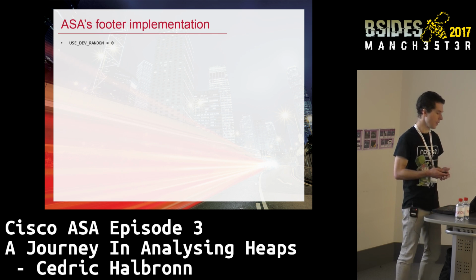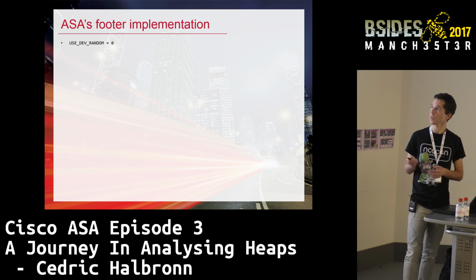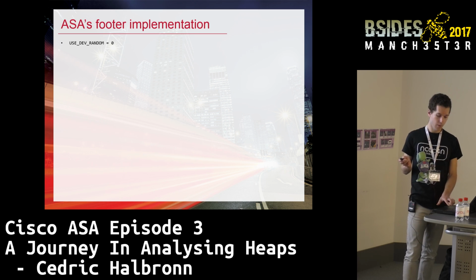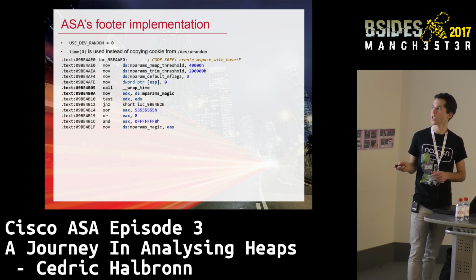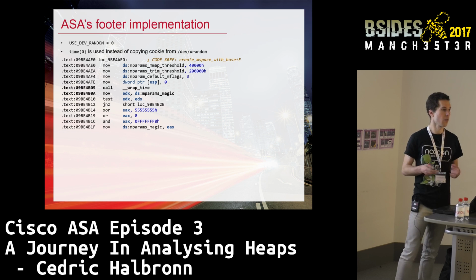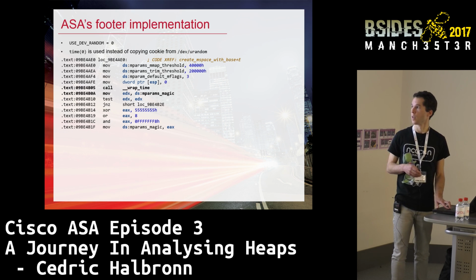So how is it implemented in ASA? The first thing we can notice is they don't use /dev/urandom, because if you reverse engineer the function, create_mspace_with_base, you're going to see that there is a call to time(0). So it uses time(0) instead of copying a random cookie from /dev/urandom.